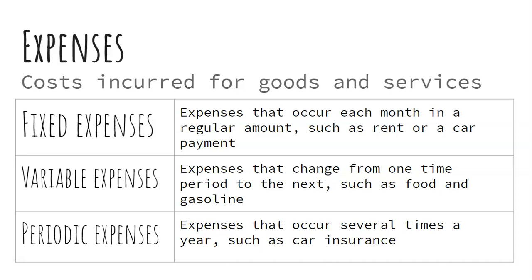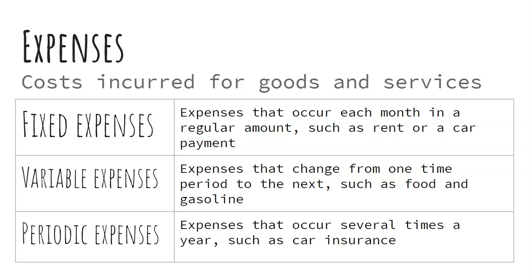Maybe you like salads in the summer because they're lighter and fresher. And sometimes you like chili and cornbread in the winter. So your food expenses are going to vary. Same with gas for your car, depending on how far you're driving, where you're going, what you're doing. That can vary from month to month.